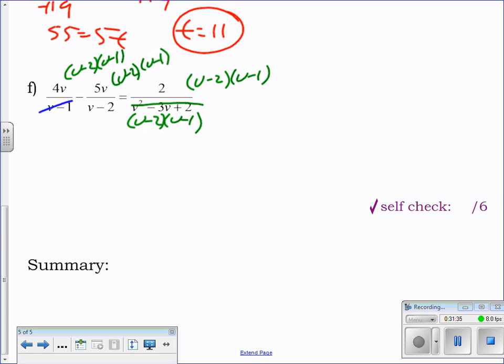V minus 1's cancel. I get 4v times v minus 2 minus, my v minus 2's cancel, 5v times v minus 1, and here everything cancels, equals 2.